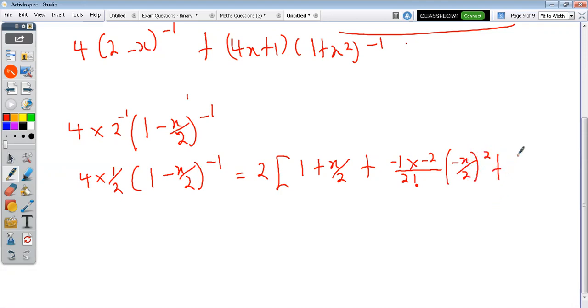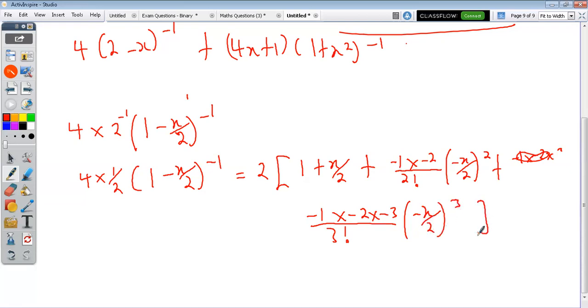Plus minus 1 multiplied by minus 2 subtract minus 3. So minus 1 times minus 2 times minus 3 divided by 3 factorial multiplied by minus x over 2 all to the power of 3. Close brackets. Maybe? So that gives us 2 brackets.